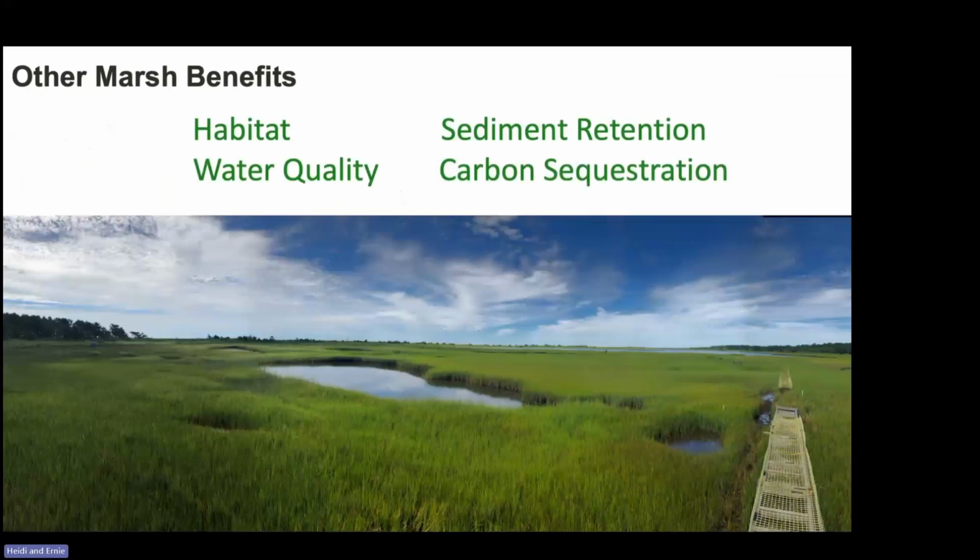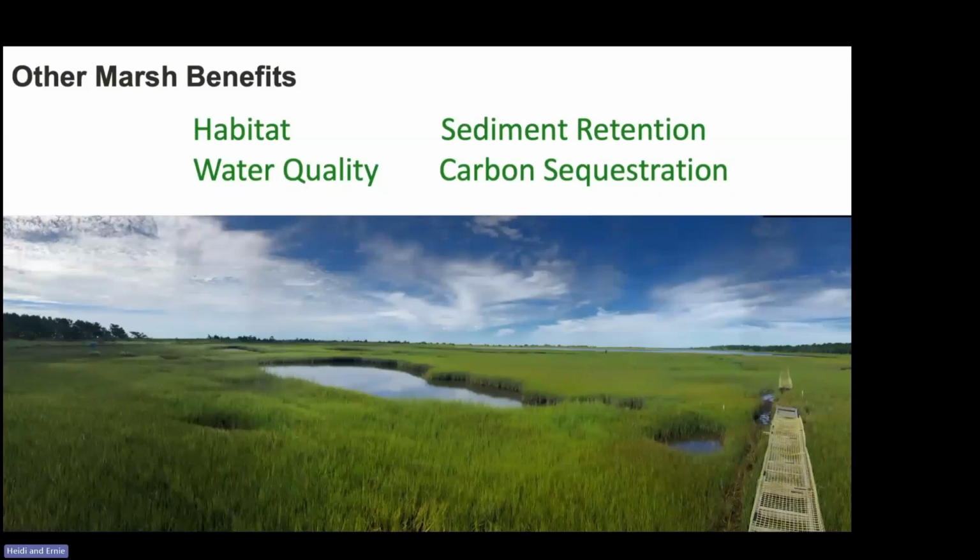It is worth noting that marsh also provides other ecosystem services that have value, and this should be included in the cost-benefit analyses as well. These include habitat, sediment retention, water quality improvement, and carbon sequestration.